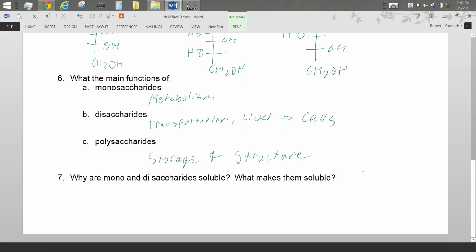Why are the mono and disaccharides soluble? Is it short chain? Short chain or small. And what makes them soluble?